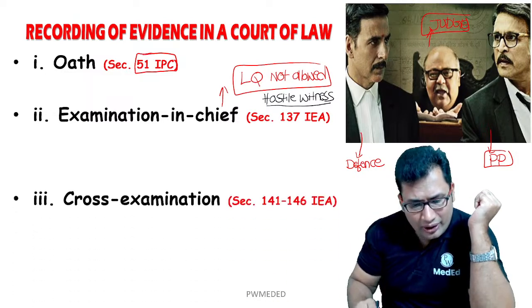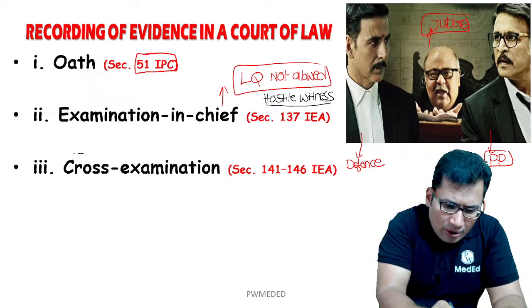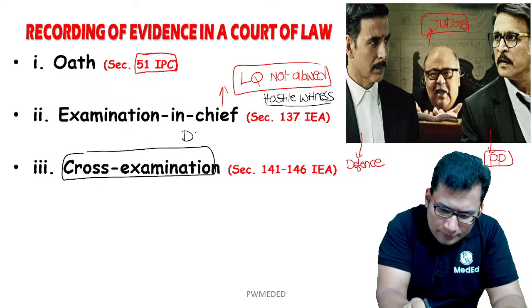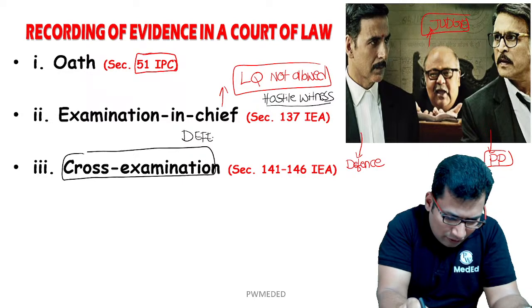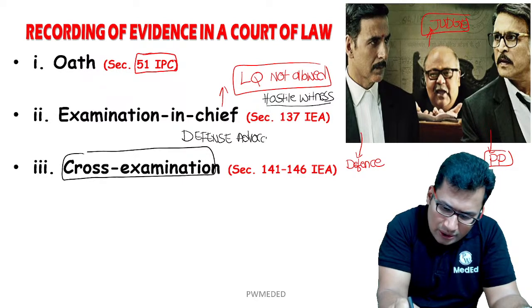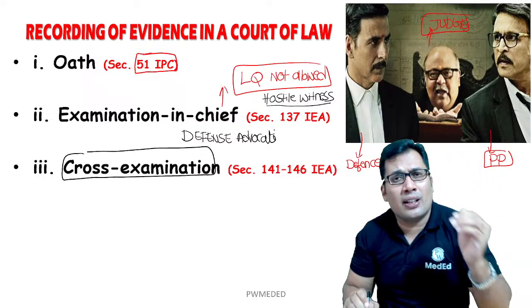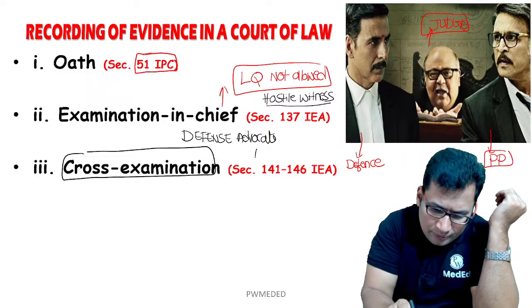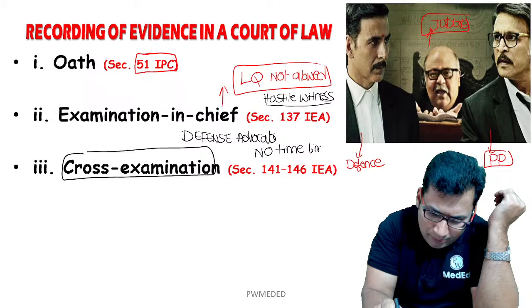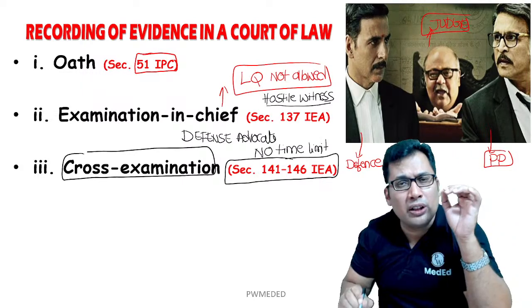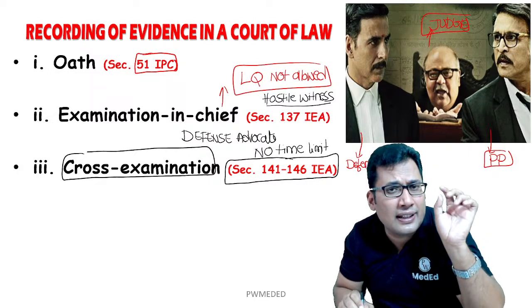Next, cross-examination. Cross-examination is usually by the defense lawyer or defense counsel, where leading questions are permitted. There is no time limit. It comes under sections 141 to 146 of the Indian Evidence Act.